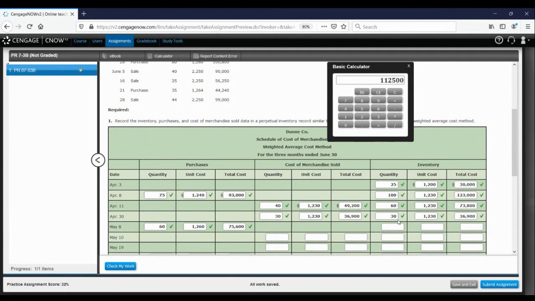Now, to get the second part of the calculation, you need to add the previous ending inventory quantity, which on April the 30th was 30 units. We're going to add the 30 units plus what we just purchased, which will be a total of 90 units. And we're going to divide this 112,500 by 90 units. What that will do is give us a new weighted average of 1,250.